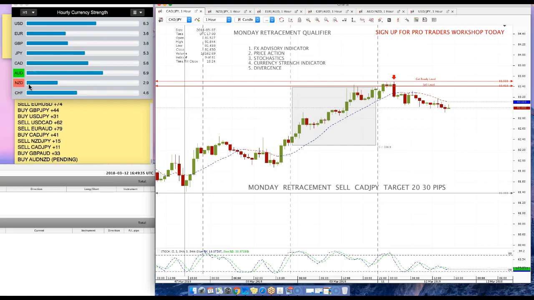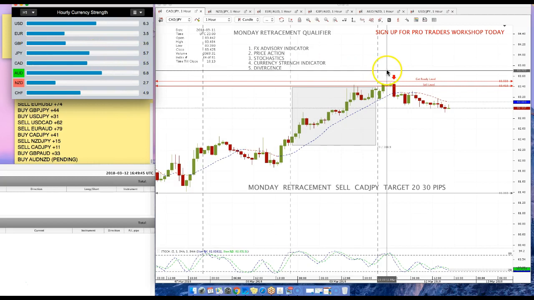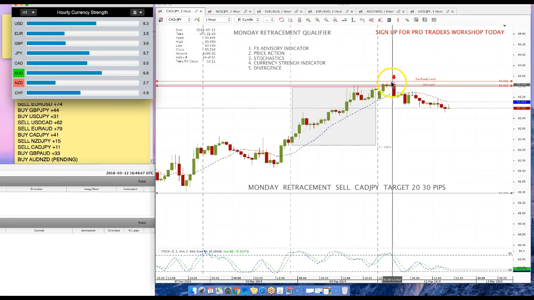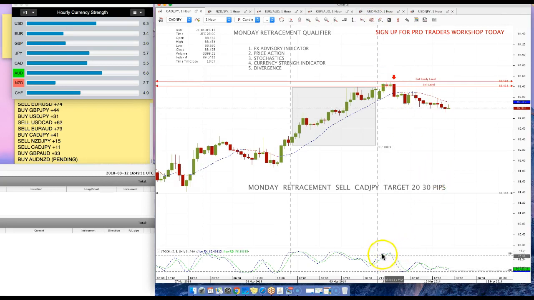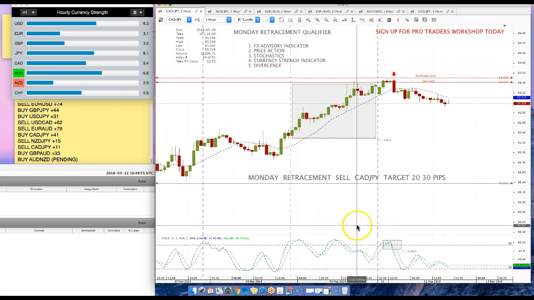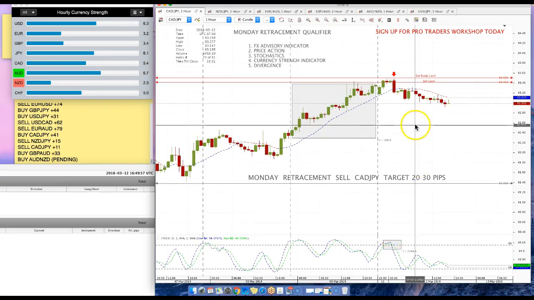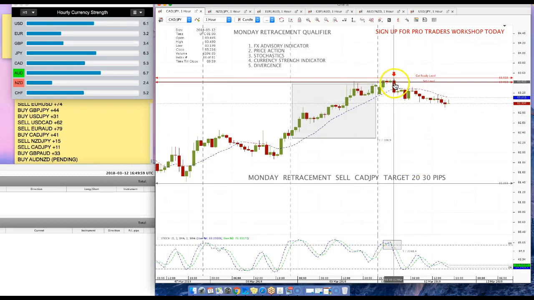And the Japanese yen was very strong. It was turned green, and it had like 9.7 on the currency strength. The advisor indicator was giving us a sell signal, and the stochastics indicator was overbought. So I had several reasons to take this trade to the downside, and this trade worked out beautifully.